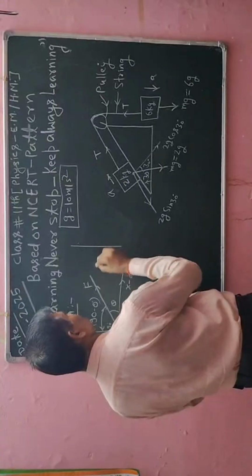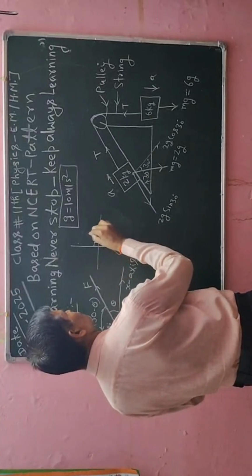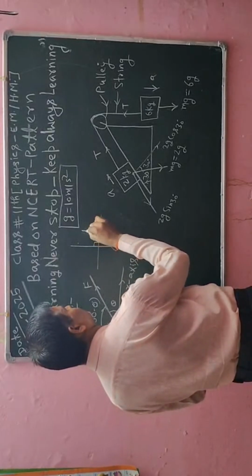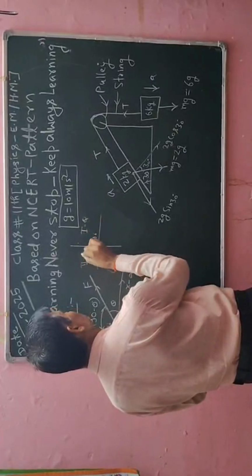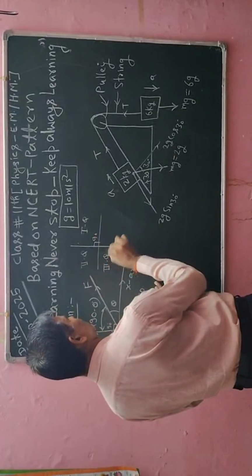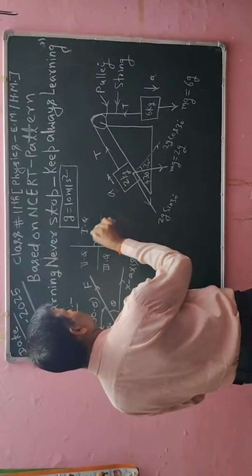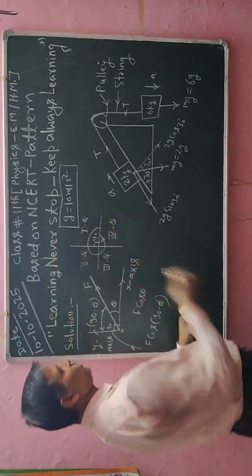This is the y-axis and this is the x-axis, and the angle between them is 90 degrees, so I get 4 planes. This is the first quadrant, this will be the second quadrant, this the third quadrant, and this the fourth quadrant. Its movement is in the anti-clockwise direction.